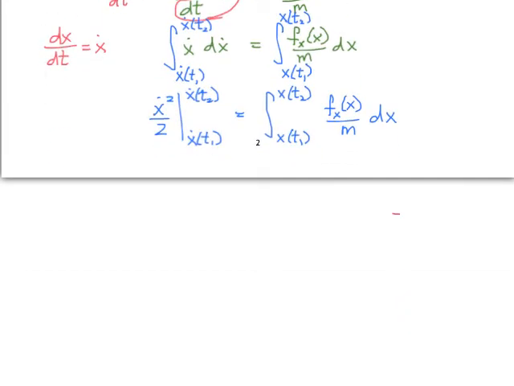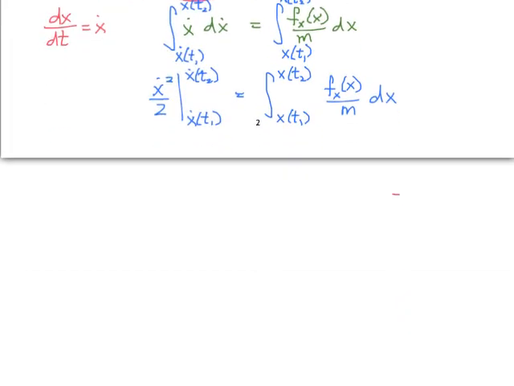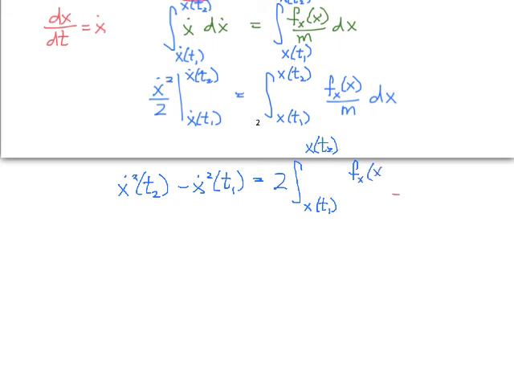And then, after applying the fundamental theorem of calculus to the left hand side and rearranging, we get that x dot squared at time 2 minus x dot squared at time 1 is equal to 2 multiplied times the integral on the boundary conditions of position from time 1 to time 2, and within the integral is our function of x over m dx.